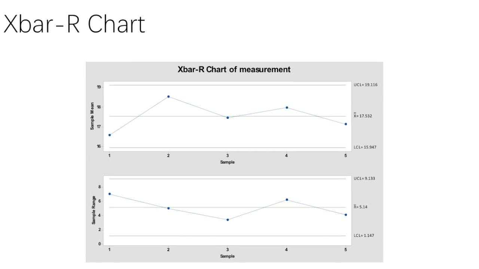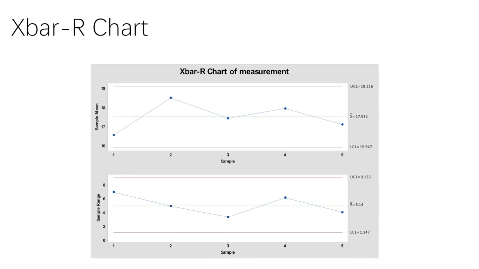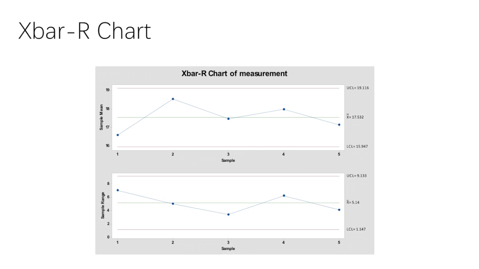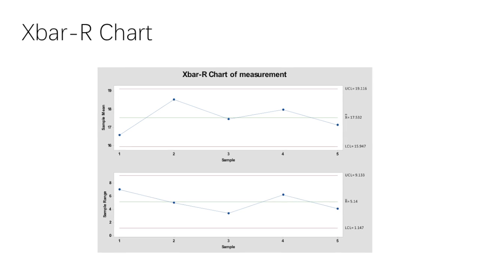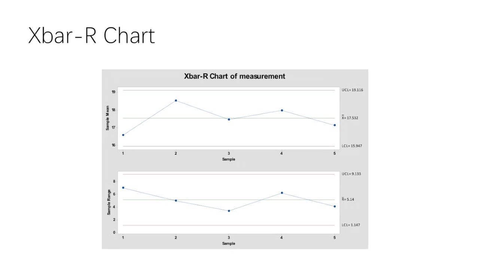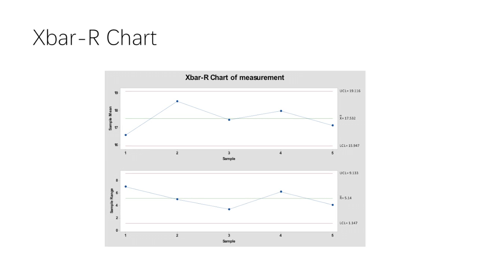The expected time length is 17.532 minutes. Also, points fall randomly within limit, meaning our approach contributes stable results. In small subgroup size cases, standard deviation can be replaced by range. It is realized that variation of measurements is acceptable.